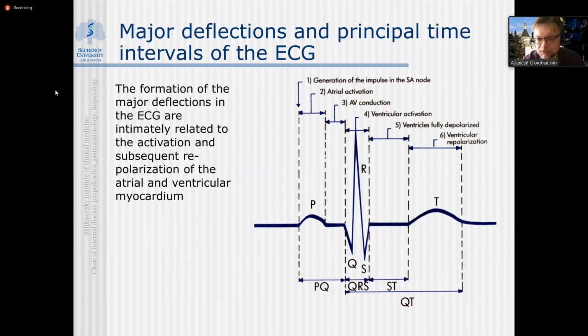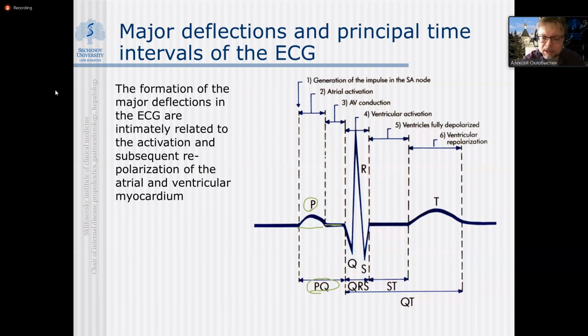Some terms that we need to apply for the ECG. First is always the P wave, and its width should normally be within 0.12 seconds. Then we have a segment, the PQ or PR segment, and that will be the PQ or PR interval.